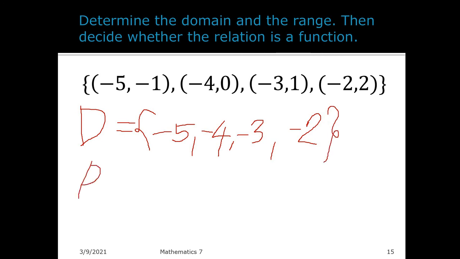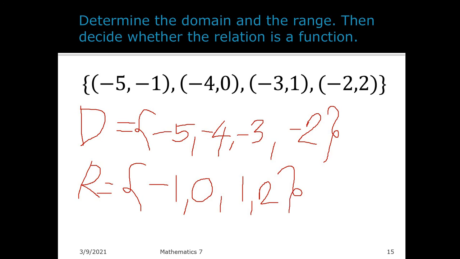And the range is -1, 0, 1, and 2. So, not one in the domain is being repeated. Therefore, this relation is a function.